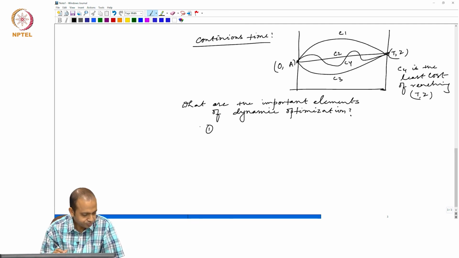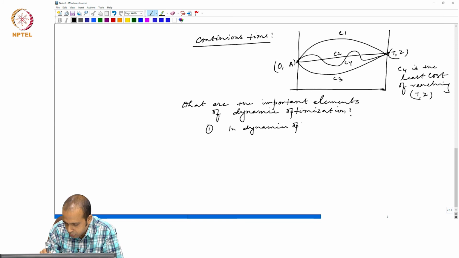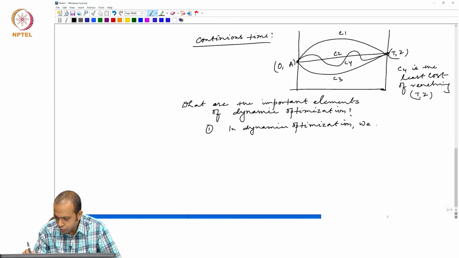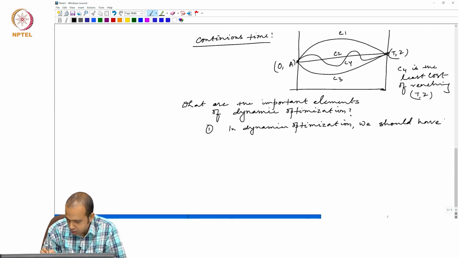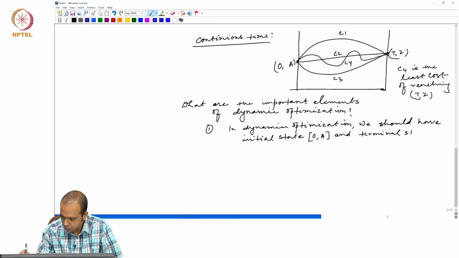So, firstly, in dynamic optimization, we should have an initial state, which is denoted by 0A, and a terminal state. Terminal state denoted by TZ.